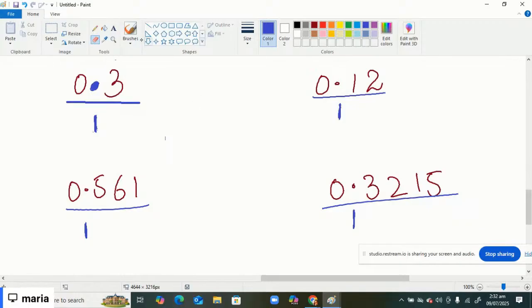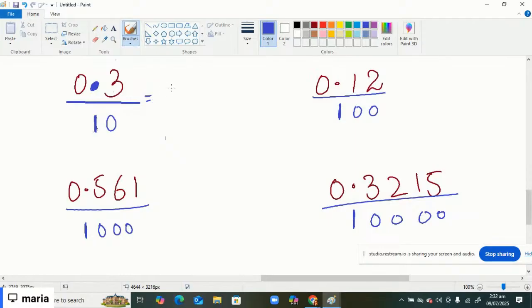So we put the 1 after the decimal point. And now we put zeros, according to how many numbers are on the top. There is only one number, so we put only one 0. There are two numbers, so we put two zeros. There are three numbers, so we put three zeros. There are four numbers, so we put one, two, three, and four zeros.